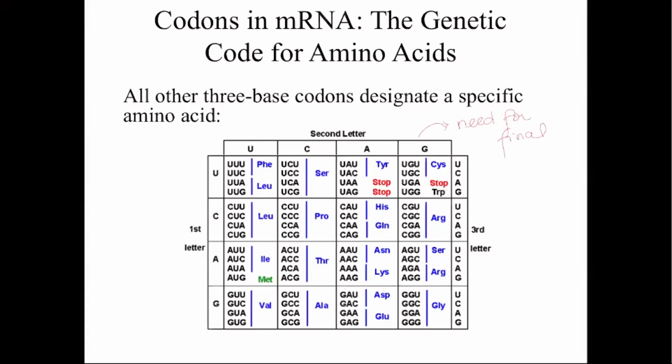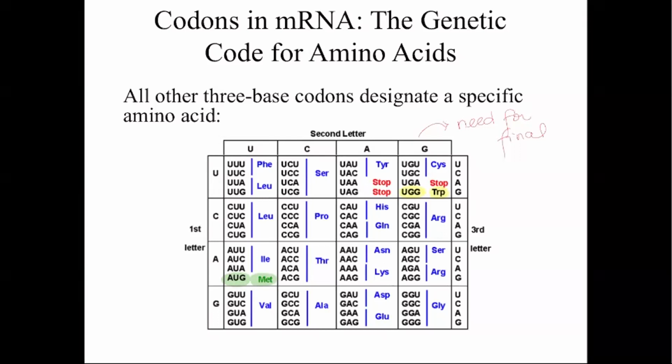Now, let's note that for methionine, which we see right here, AUG, there's only one codon for methionine, which is AUG, okay? Only one. There is another amino acid that has one codon and one codon only, and that is tryptophan. Tryptophan and methionine are the only amino acids that only have one codon.